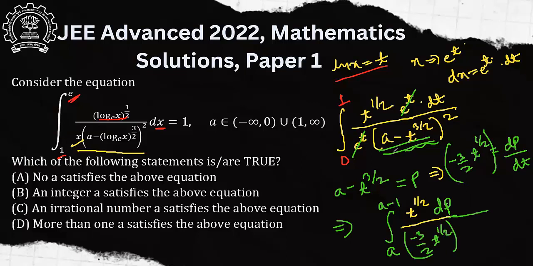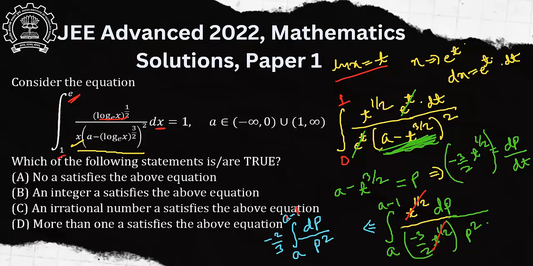And this was p, so p square is there. Now t to the power 1 by 2 is getting cancelled. So this becomes the integral with limit from a to a minus 1 of dp upon p square, and minus 2 by 3 is a constant, so it goes out.